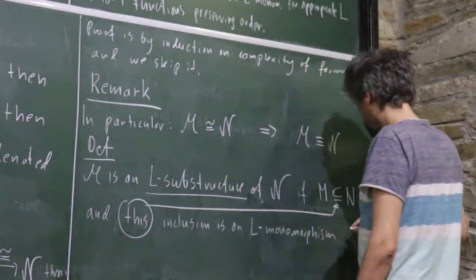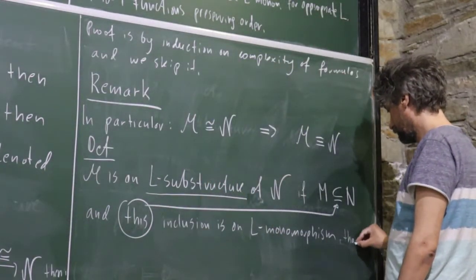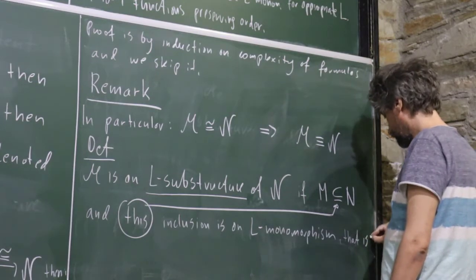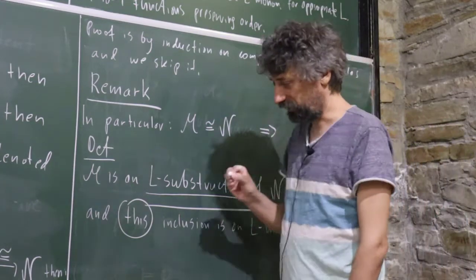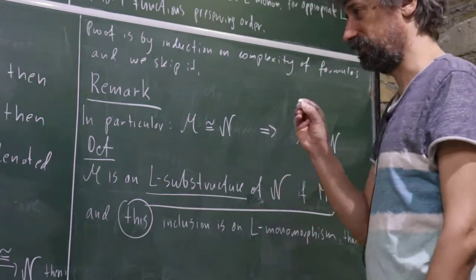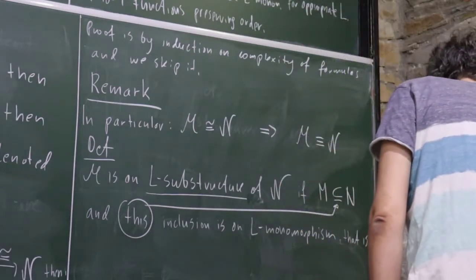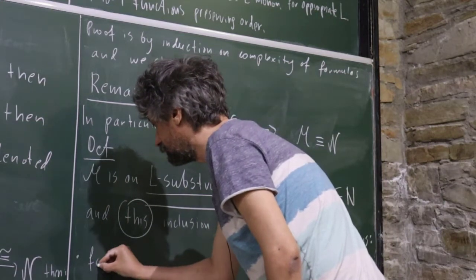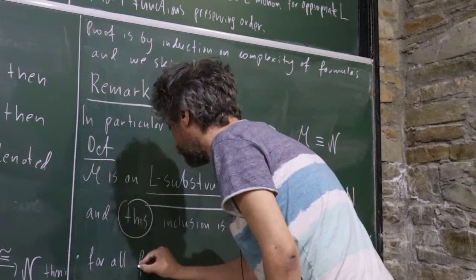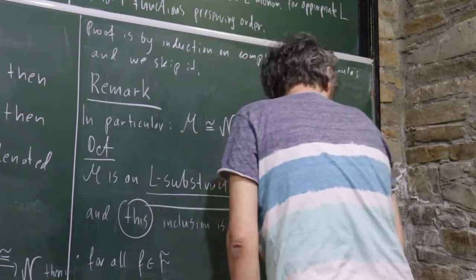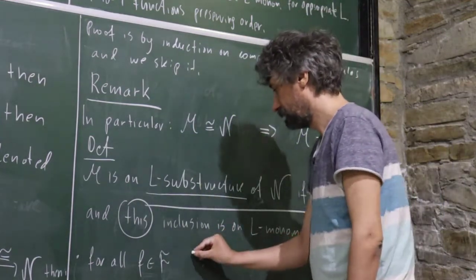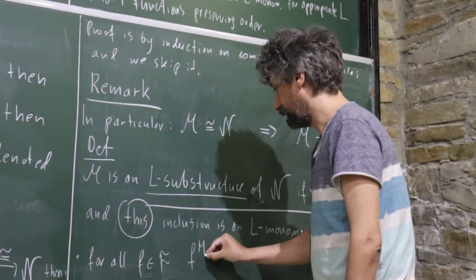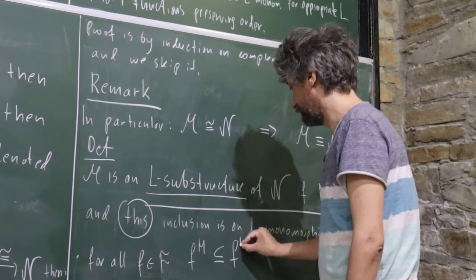That is, actually this is a definition which in algebra I don't like. Let me mention it later. That is, for all f in F, Fn extends Fm.